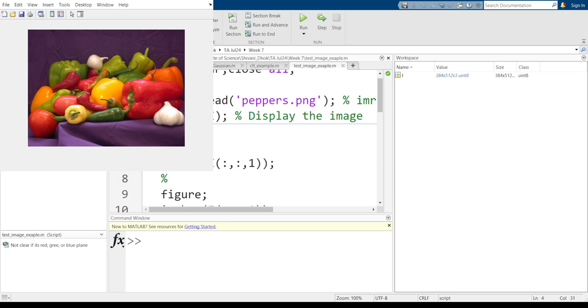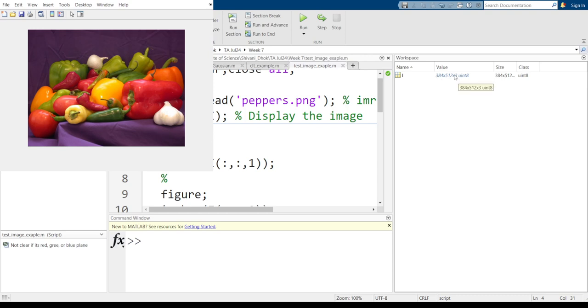I think now it should be visible. So this is the peppers image that MATLAB has built in. imread helps me to load it. If you observe carefully, this is of the dimension 384 cross 512 cross 3.